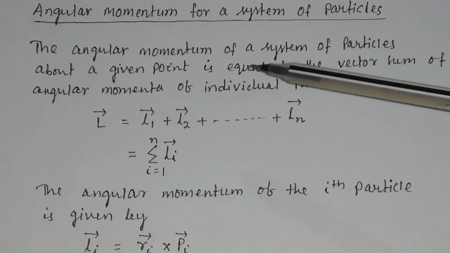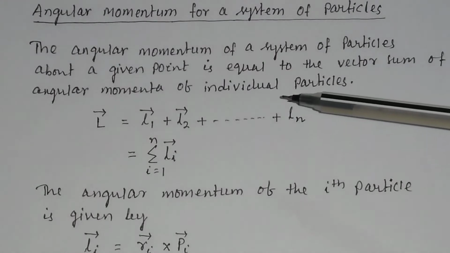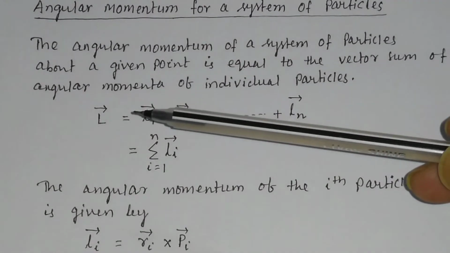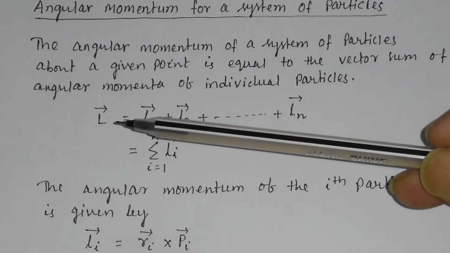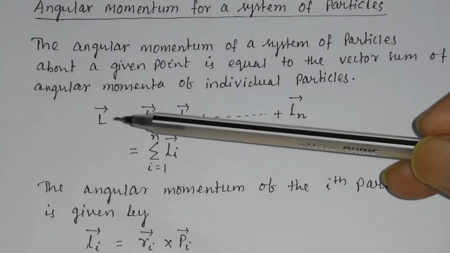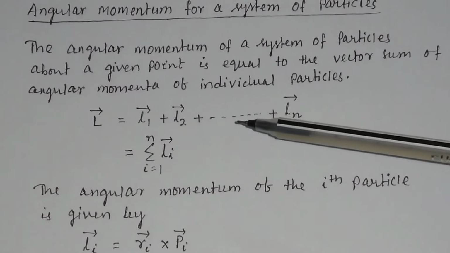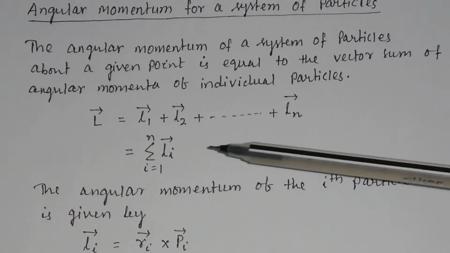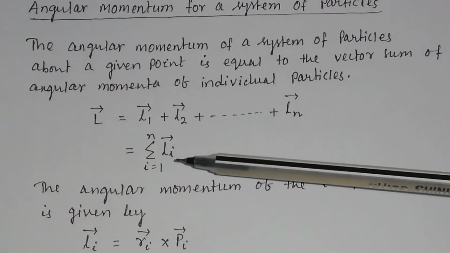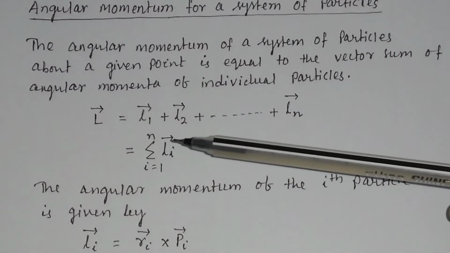But if you have a system of particles, then the angular momentum for a system of particles, the capital L, is equal to the vector sum of the angular momenta of individual particles. So L will be equal to the sum over Li, i from 1 to n.